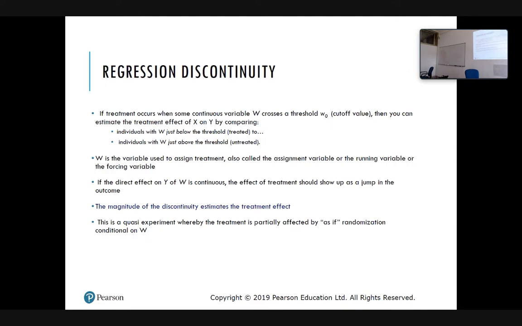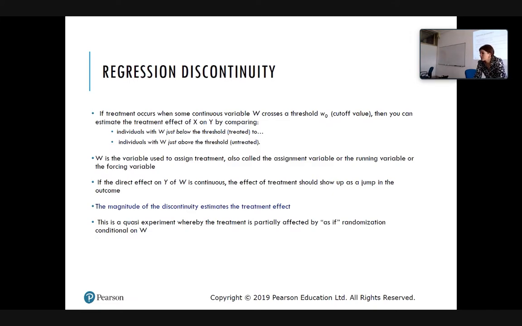This threshold value is called the cutoff value, and the variable on which we base the treatment, so whether or not you can attend the summer school depends on my exam, this variable which is used to assign the treatment is called assignment variable or running variable or forcing variable, but we will call this assignment variable. This is the case we use to apply regression discontinuity.